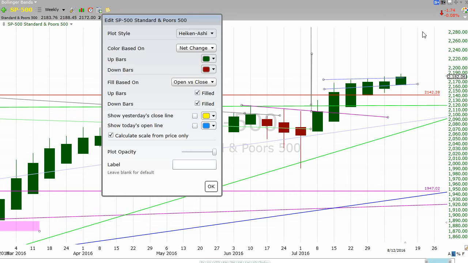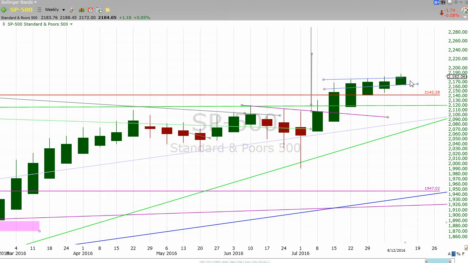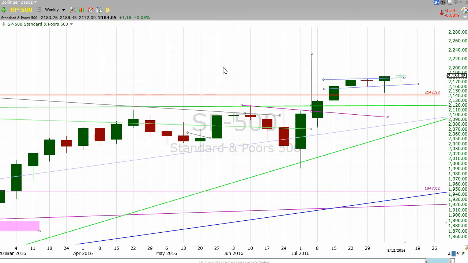That's because we start at the midpoint of the previous week's close, and it's kind of an interesting formula. This is where we actually closed here, but the next week we start here, our trading will start at the midpoint of this candlestick. But for the sake of consistency, we're going to go with our regular pattern here.